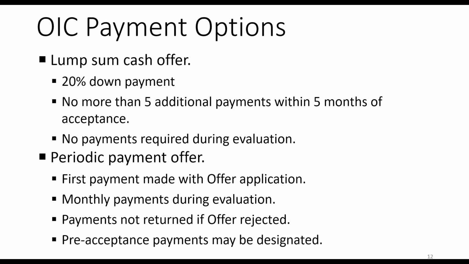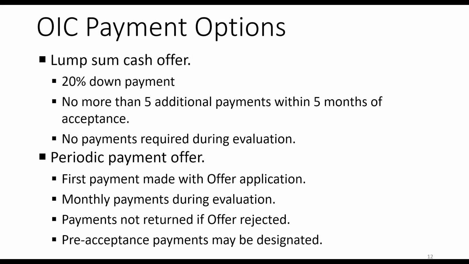So for example, to make the math easy, let's say your client owes $100,000 and has to pay $20,000 down with the application. Then they could pay the remaining $80,000 over 5 payments, or if you do 4 payments over the next 4 months, they could pay $20,000 a payment and be done with it once it's been accepted.